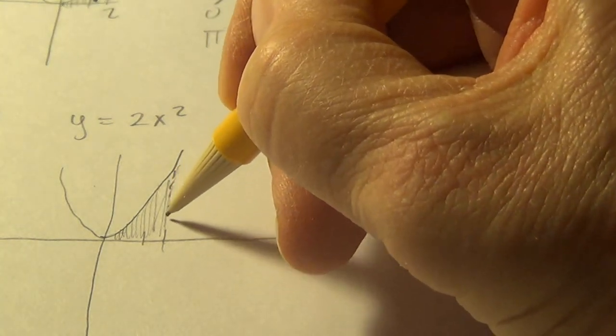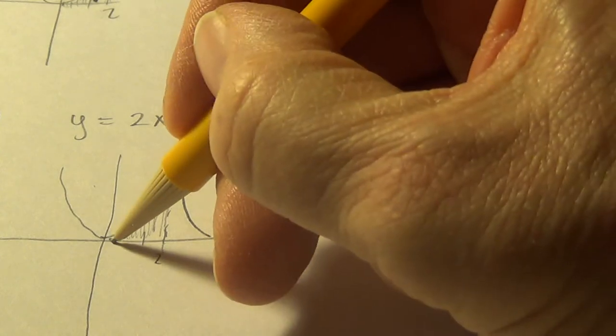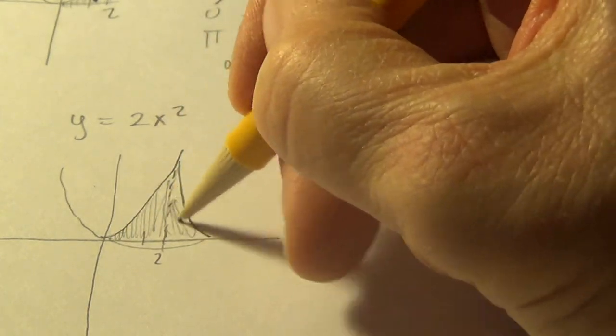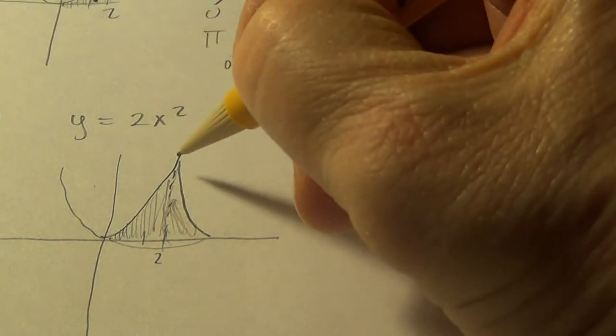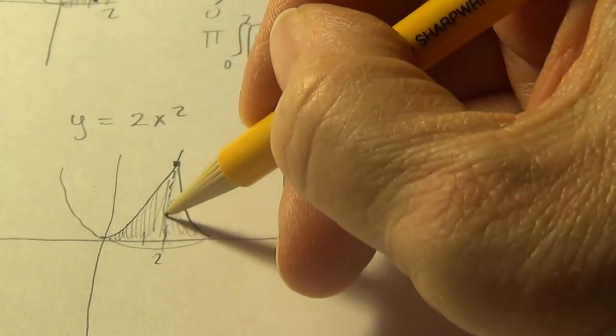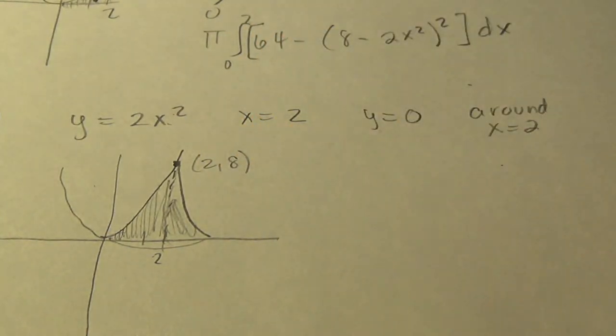So here's x equals 2. So it'll spin around that and sort of make like a witch's hat. All right, so we're going to notice that this point is 2 plugged into here, or 2, 8. See if that would be helpful.